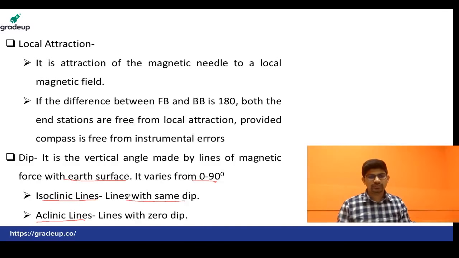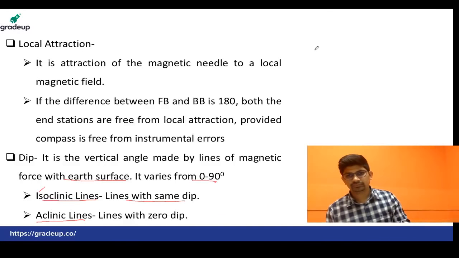In order to remember, you can remember like this: dip, the middle letter is I, and isoclinic, the first letter is I. So dip is concerned with isoclinic and aclinic.